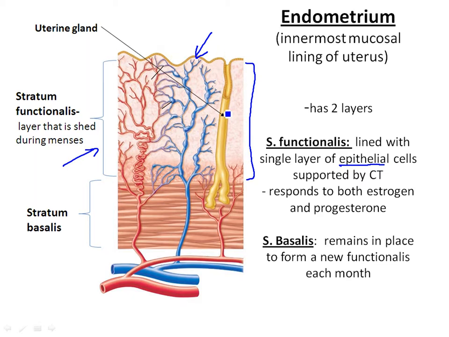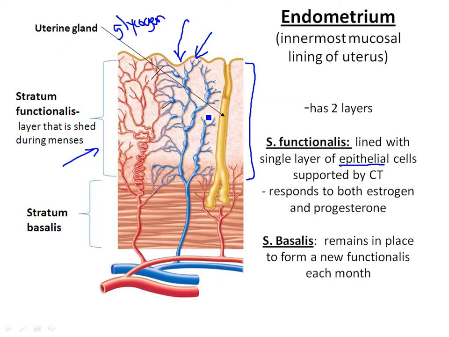You also notice this glandular tissue here, the uterine gland, and they're going to be producing secretions to help nourish a developing embryo. So we are going to produce glycogen for an embryo that might land here and try to implant. The purpose, of course, is to provide a nice nutritious setting for a possible embryo.